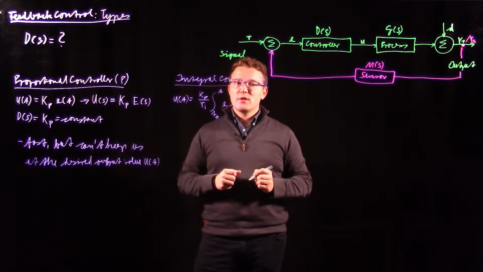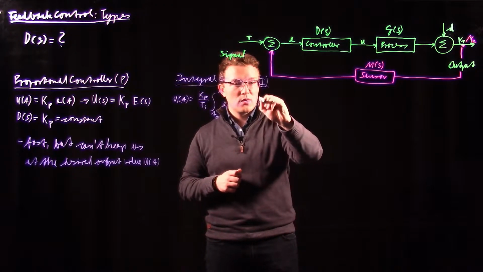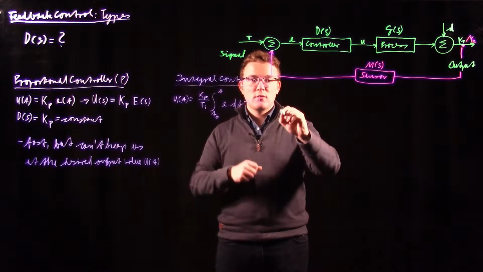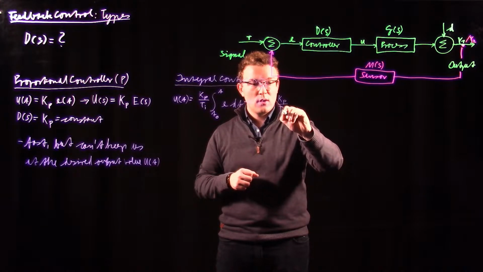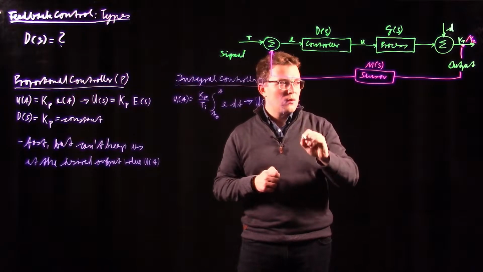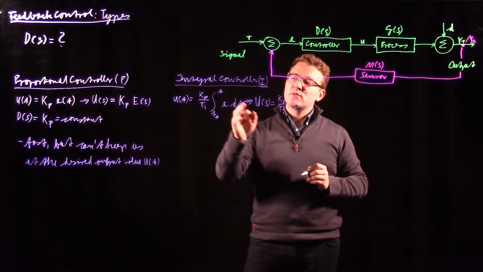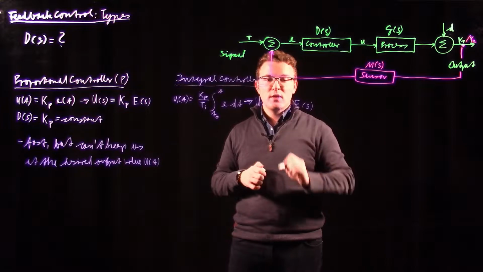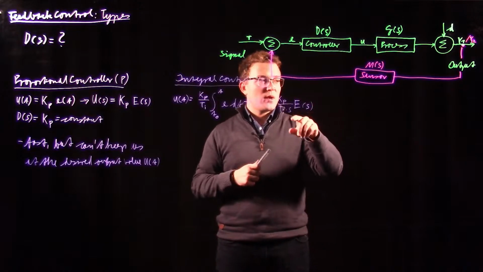Now we can also transform this into the s domain. The resulting formula would be the big U(s) equals, our factors remain the same, Kp divided by Ti, times E(s). And because we have the integral, we just add a 1/s, because the Laplace transformation of the integral is 1 divided by s.